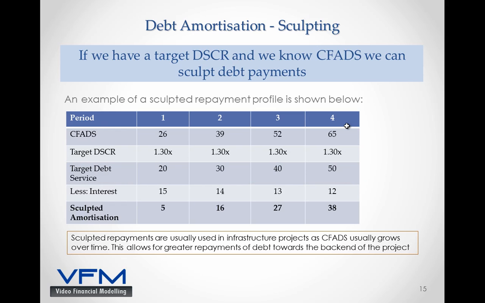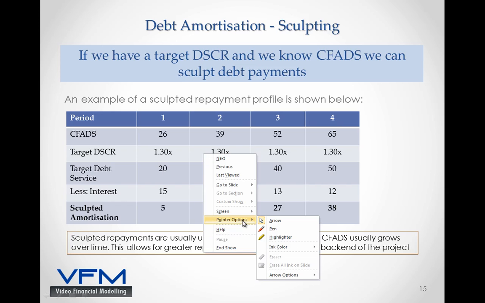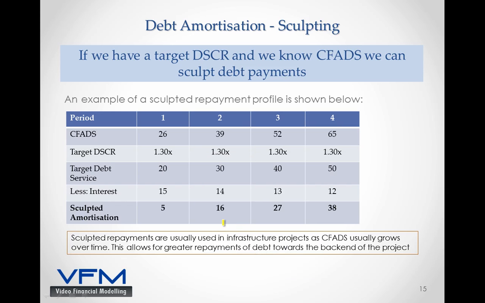Okay, so remember what we said, debt service, in most cases, is simply your interest plus your amortization or principal repayment. So in this case, if we've got a target debt service of 20, and we know that our interest payment is $15 in period 1, what we can do is, and I'll highlight this for you guys, we've got $20 of target debt service.